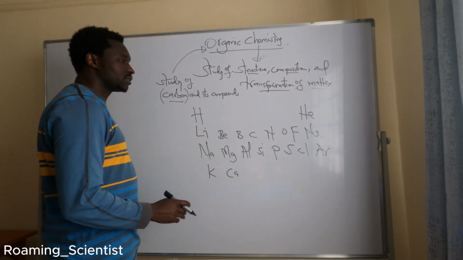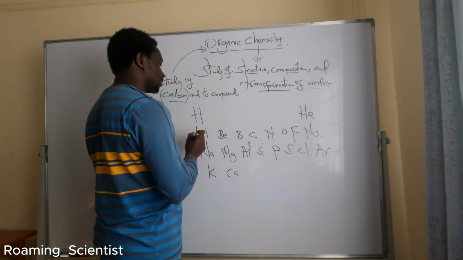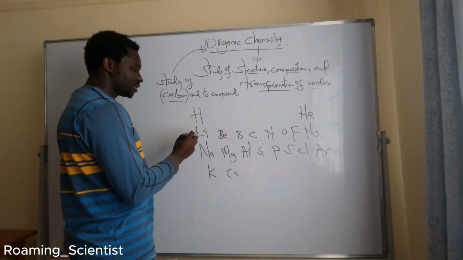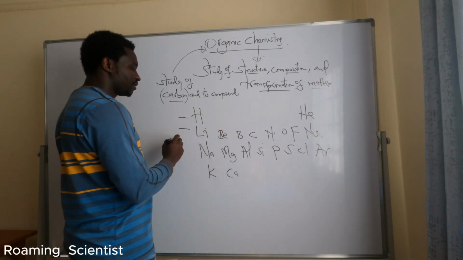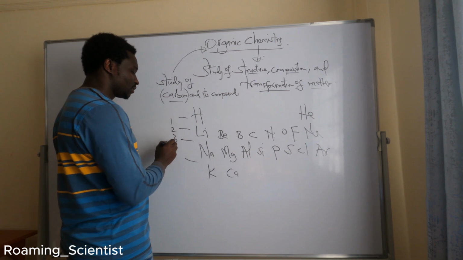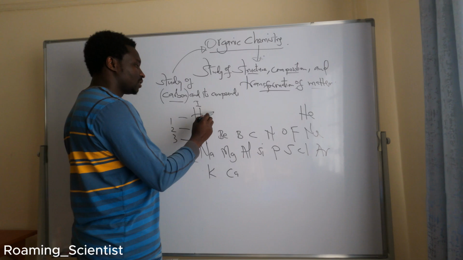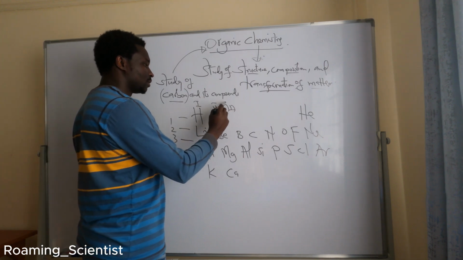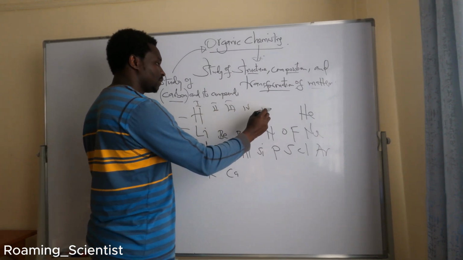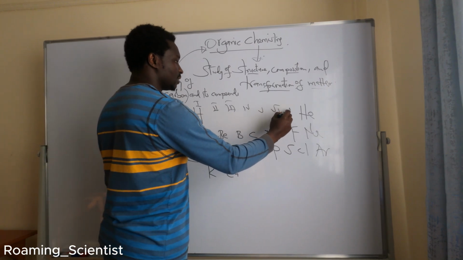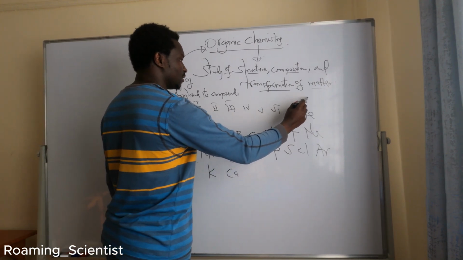So these are the first 20 basic elements of the periodic table. And you will notice that there are 4 periods, 1, 2, 3, 4, and 8 groups, 1, 2, 3, 4, 5, 6, 7, 8.